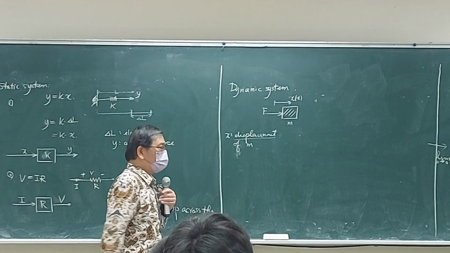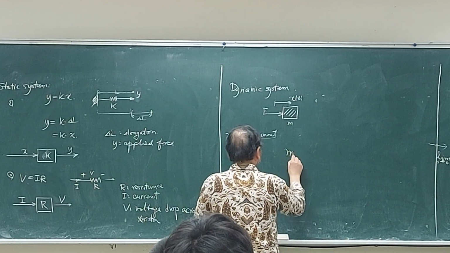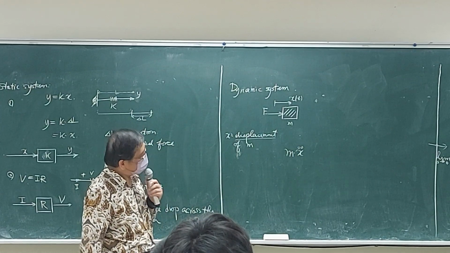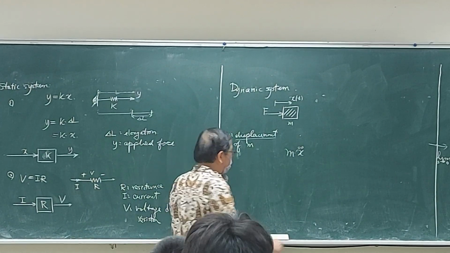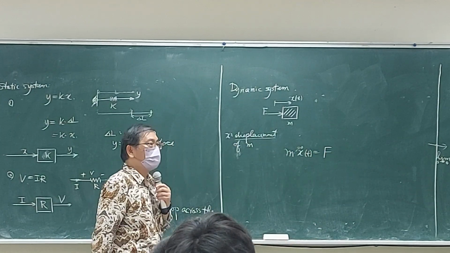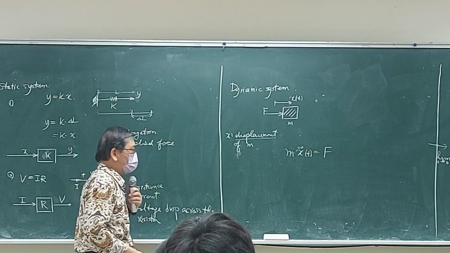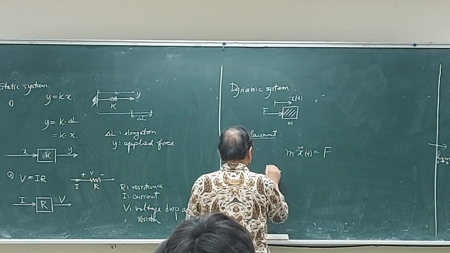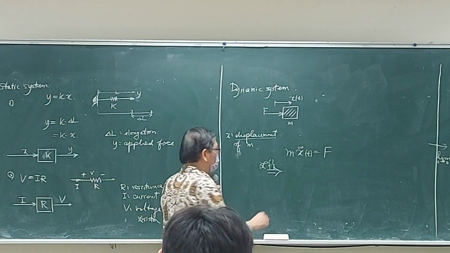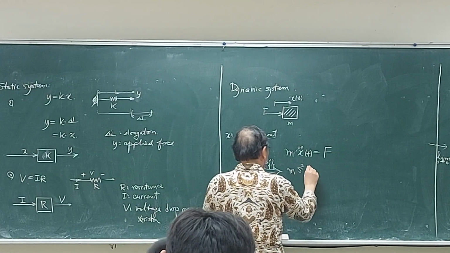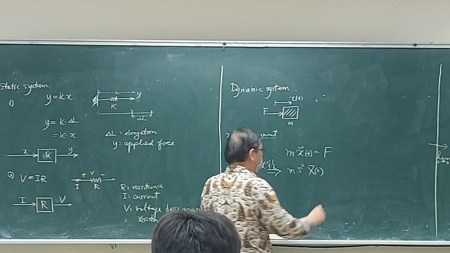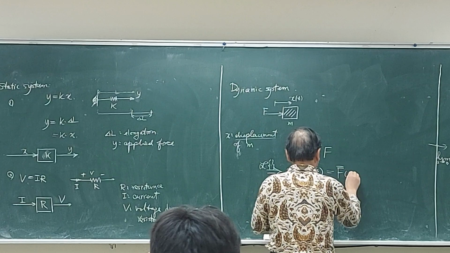So let's implement Newton's law: mass times the acceleration. Now the acceleration is the second order derivative of the displacement. Later on we are going to learn the Laplace transform. If I take the Laplace transform, we are going to have m times s squared times the Laplace transform of x of t, equals F of s.